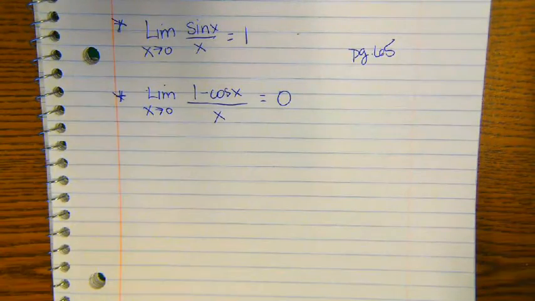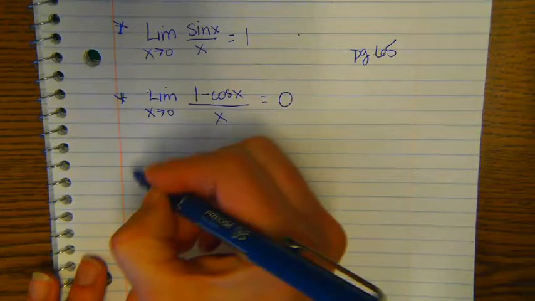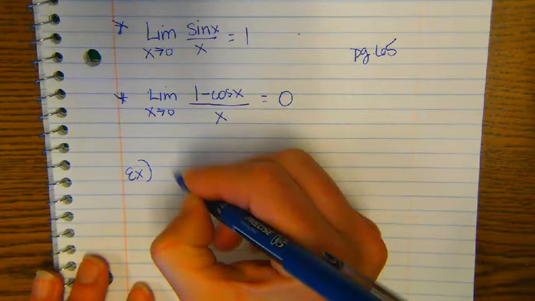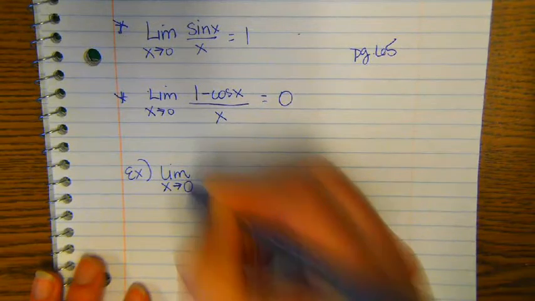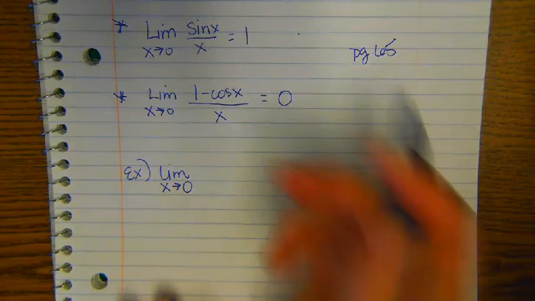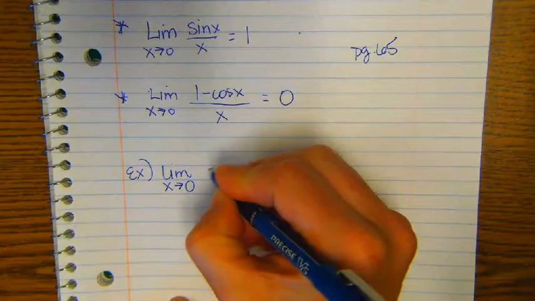Let me do one example with this. Using this concept, can you try to evaluate what's the limit as x goes to 0 of, let's do sine of 4x over x.